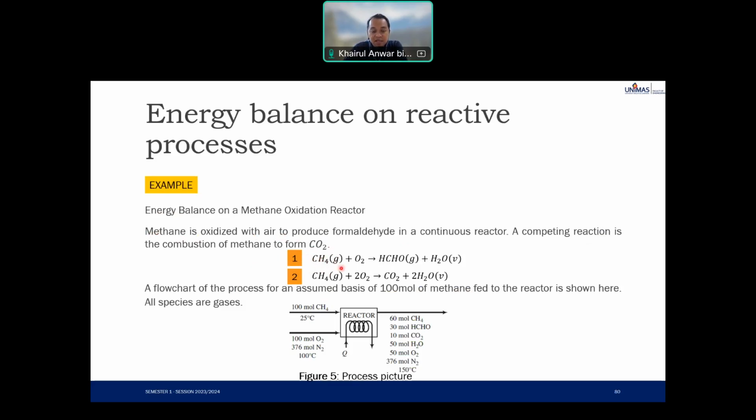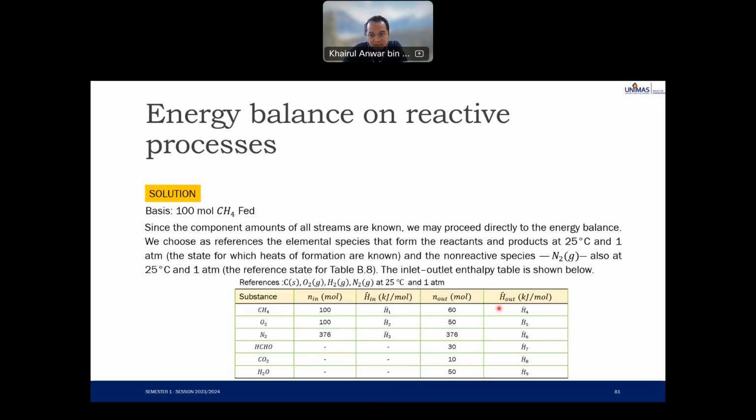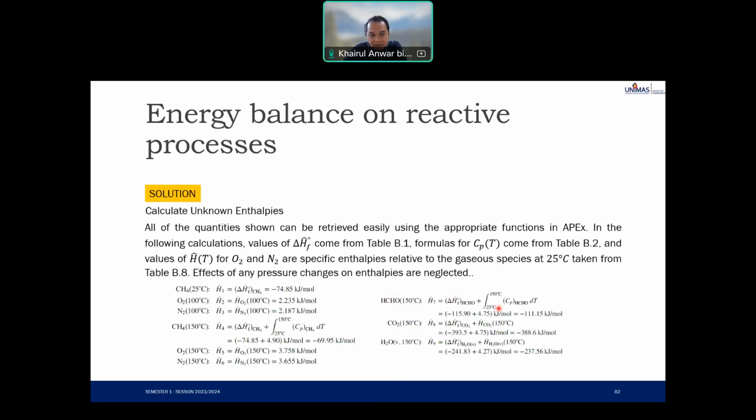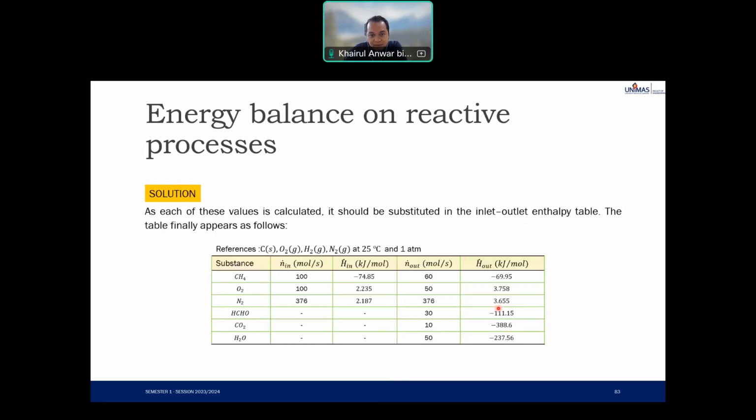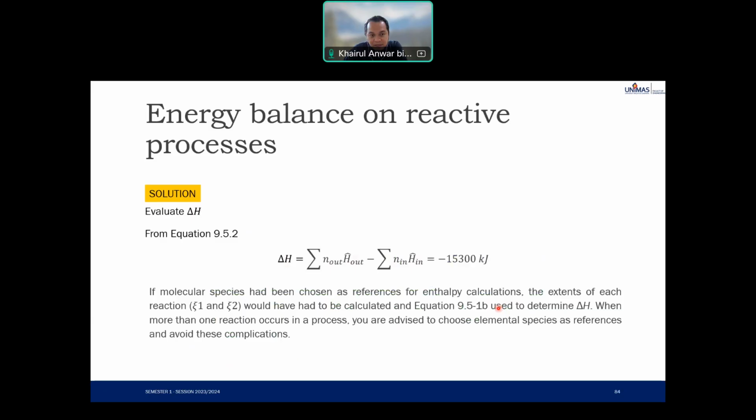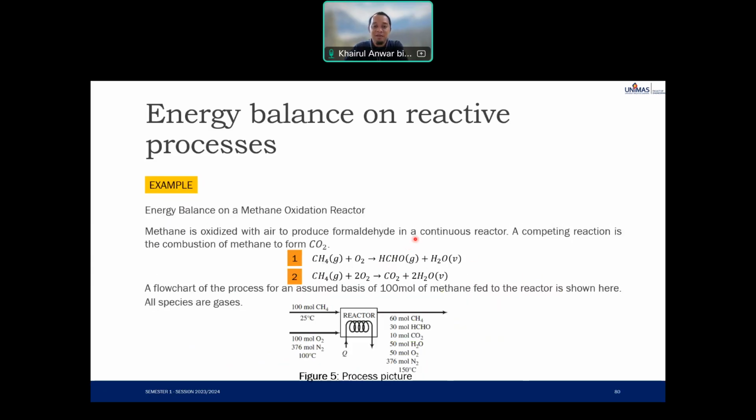So CH4, methane gas, reacts with oxygen to become HCHO, formaldehyde, and water vapor: CH4 plus O2. The competing reaction is the conversion of methane to CO2: CH4 plus 2 O2 become carbon dioxide and 2 moles of water.